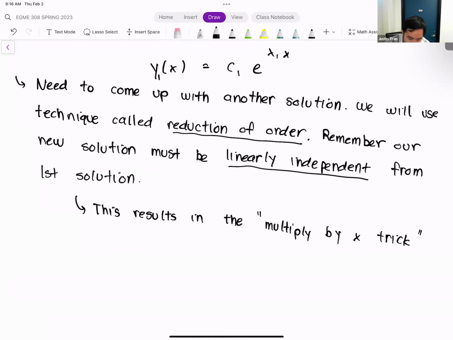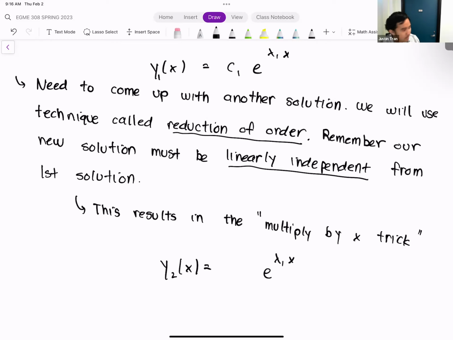And so if I call this solution up here y1, y1 is c1 times e to the lambda 1x. Or y2, it's going to have the same root, so we're going to have e to the lambda 1x. It's going to be the same root as our first solution.